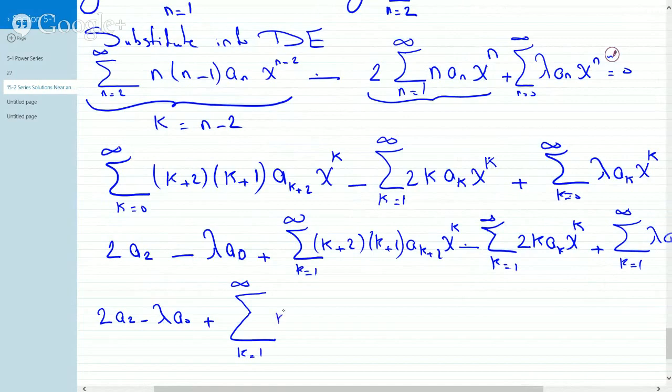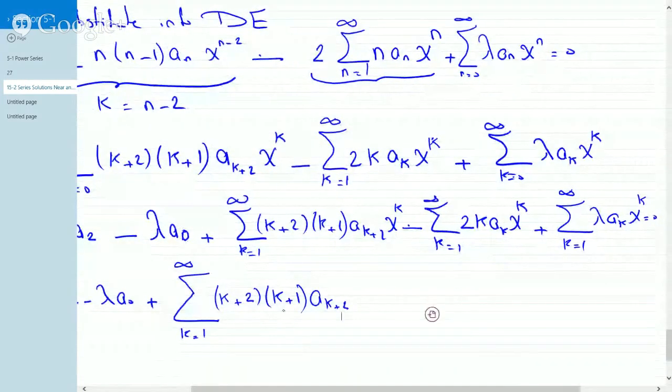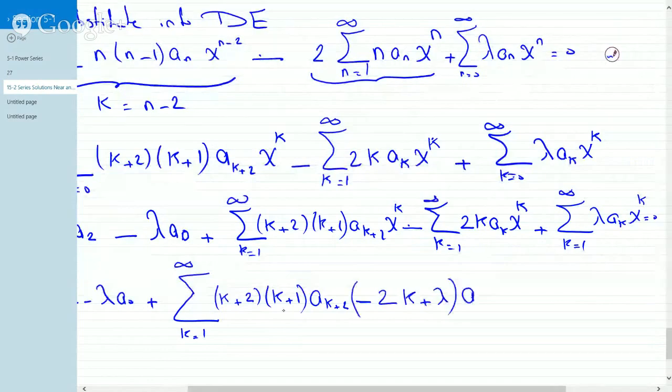So we have left k plus 2 times k plus 1 times a of k plus 2 minus 2k plus lambda a of k. I absorbed the second 2 into the same coefficient a of k because they both have a of k.